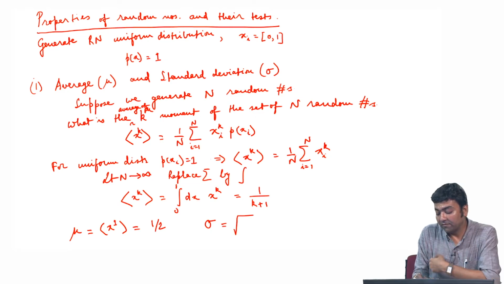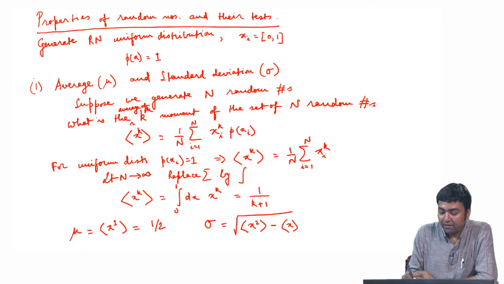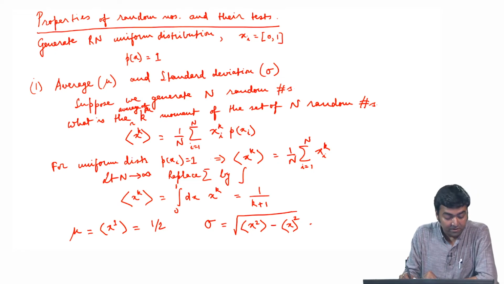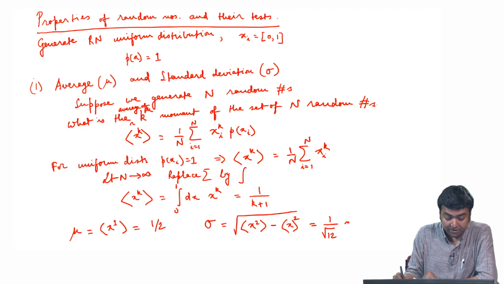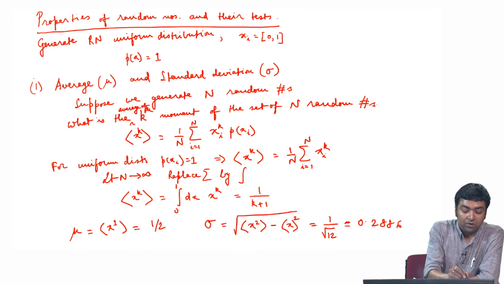The standard deviation of any distribution is given by the square root of the variance, and the variance is given by the average of the square minus the square of the average. If we plug this in here, we will get 1 by root 12, which equals 0.2886.